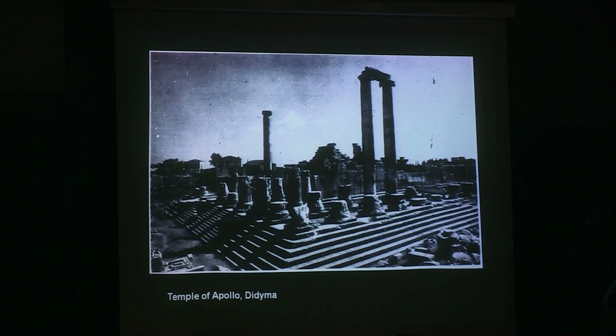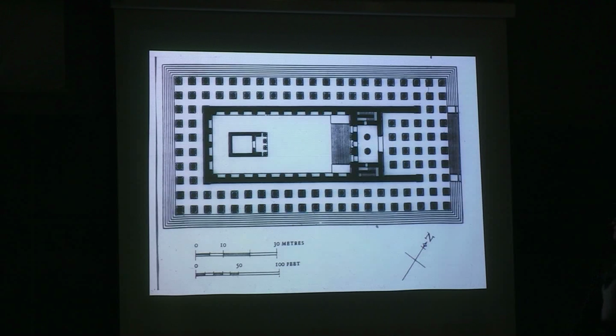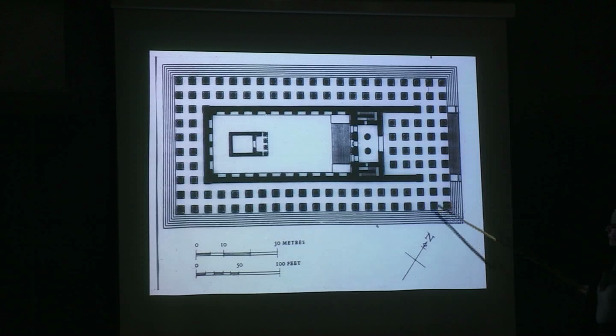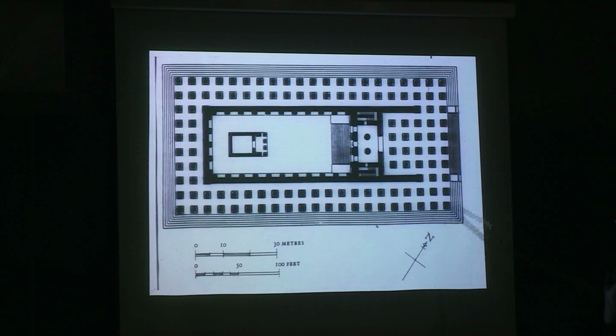But we also begin to see a kind of standardization which we were beginning to observe on the propylaea in the Acropolis of Athens. So when we look at the Temple of Apollo in Didyma, we see that it is surrounded by columns on all four sides. But despite that appearance, it is a frontal temple. It has a calculated entrance, which is frontal. So you wouldn't want to climb up to the temple from these stairs, but you climb up from the stairs which allow the entrance to the temple.